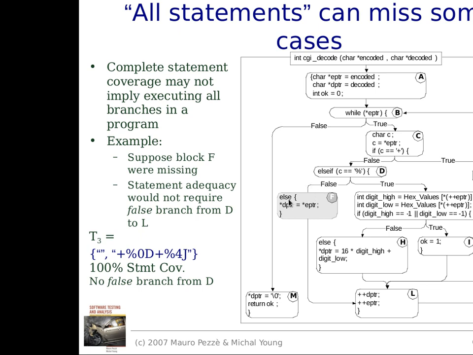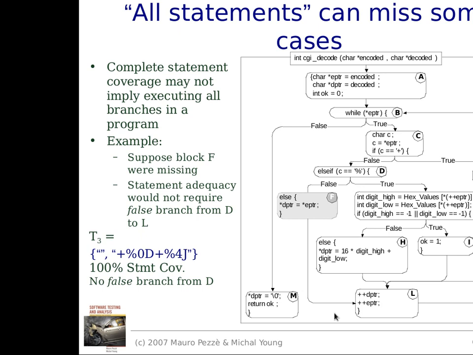If we were to take this piece of code and let's just pretend that this else, dereference of D pointer equals dereference of the encrypted pointer, this piece of code just didn't exist in your code, just for the sake of argument. And then you run this test case. If you looped through all these numbers, it would hit all these different basic blocks, but it would never execute this else.